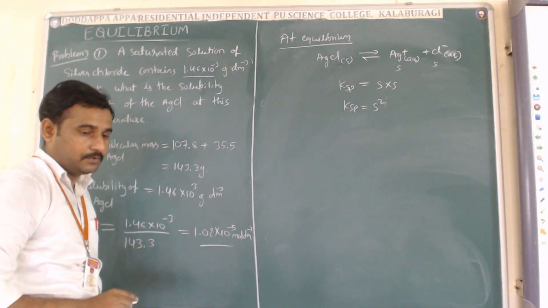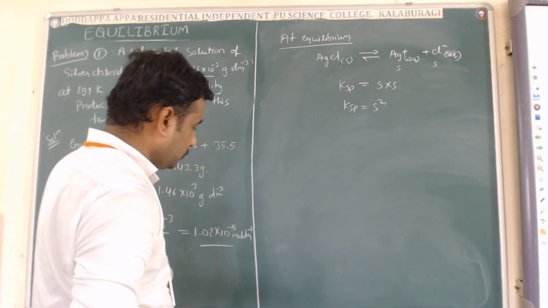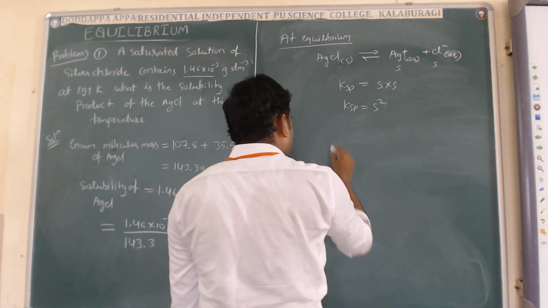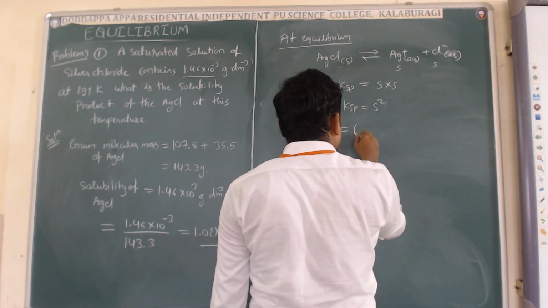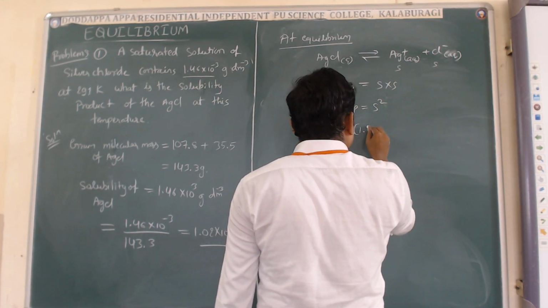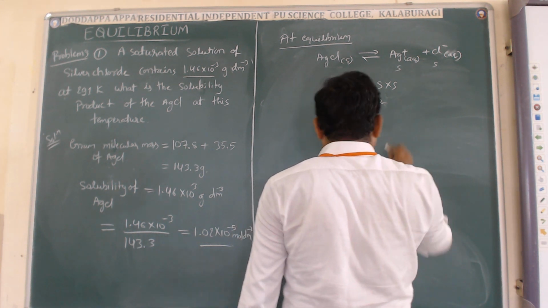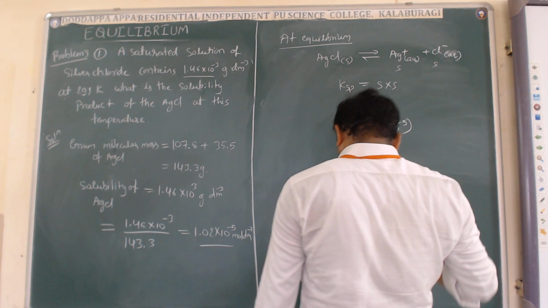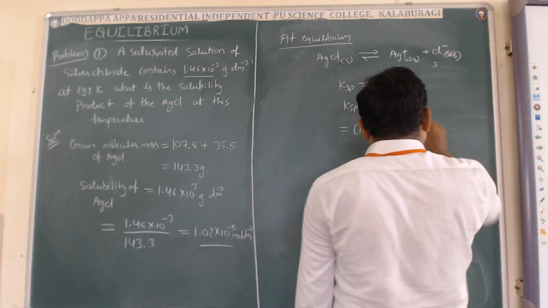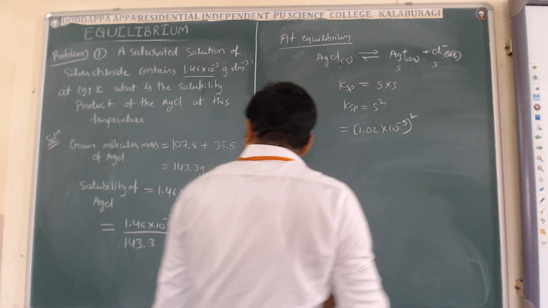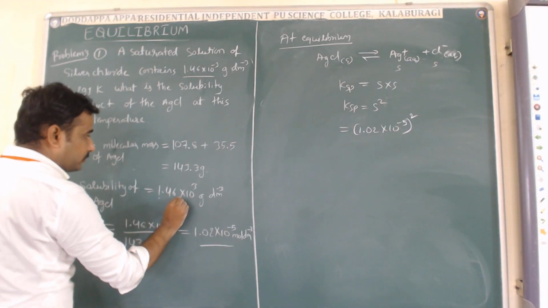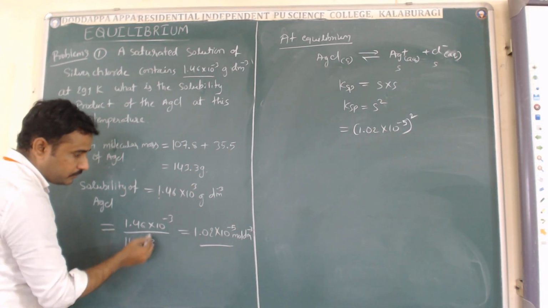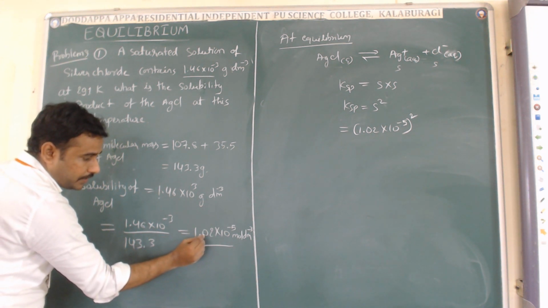We are getting the solubility product. The S value we know: 1.02 into 10 raised to minus 5. Then you put that S value here, so Ksp is equal to 1.02 into 10 raised to minus 5, squared.